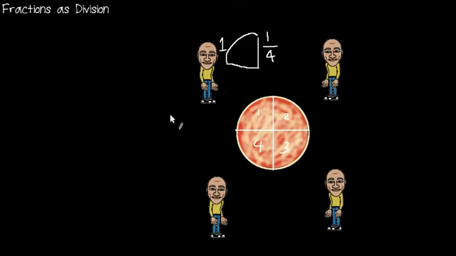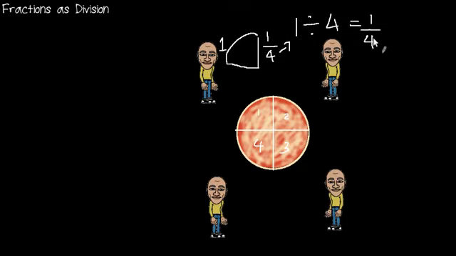Well, if we actually write that how we said it, basically it's 1 whole thing divided by 4. Or, as we have here, 1/4, or a quarter, as we say.